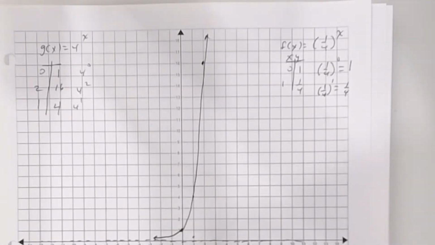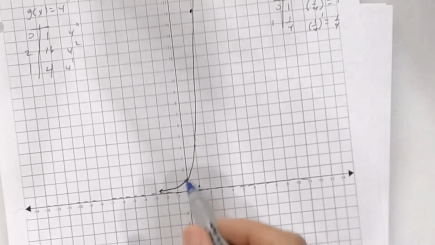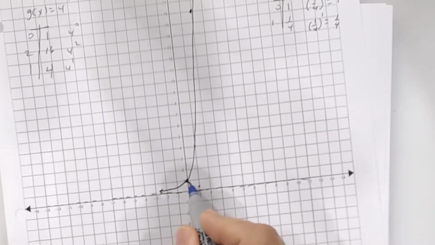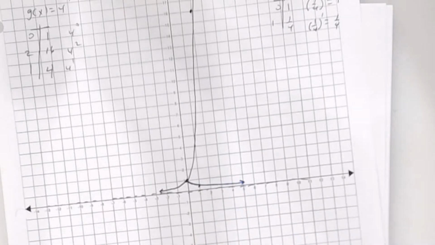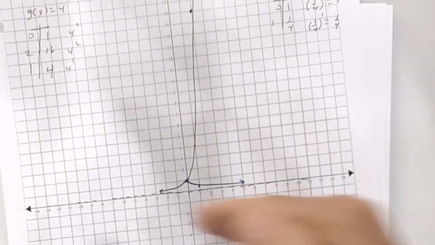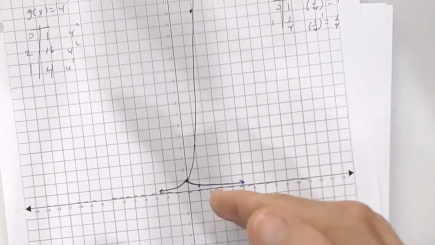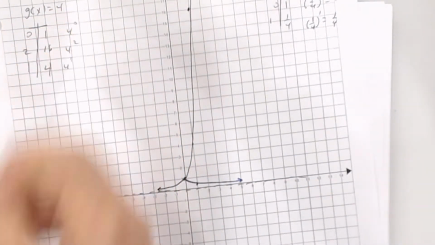Your graph is doing what? It's getting closer and closer to the horizontal asymptote. So on the other side, if I go to the left, it's going to be going up rapidly on this side, right?